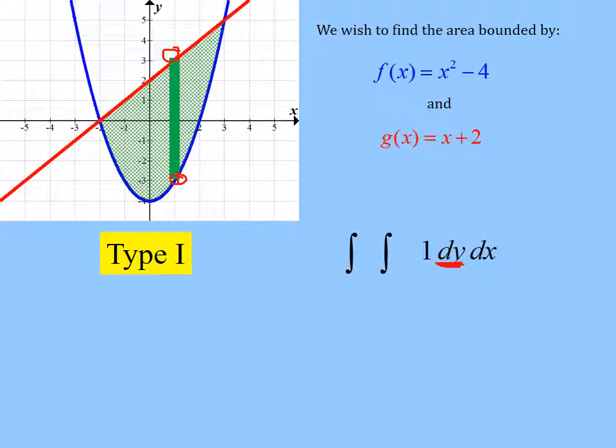And so the bottom, which would be f of x equals x squared minus 4, would be our y for the bottom, and then our y for the top would be x plus 2. Then we need the values of x on the left and on the right.